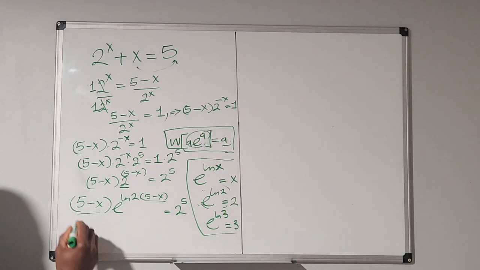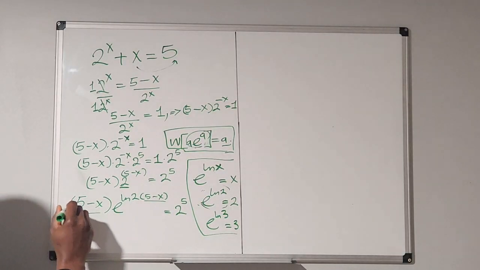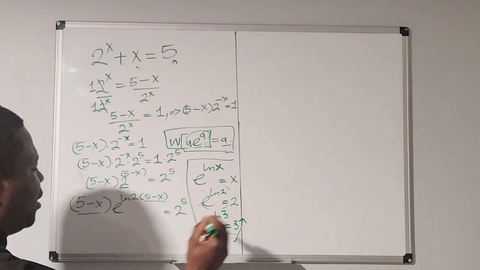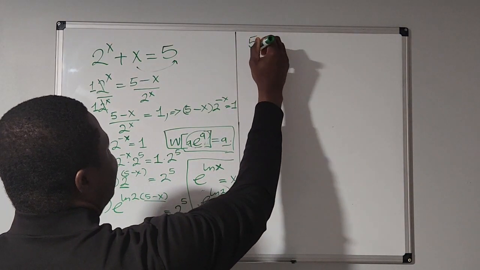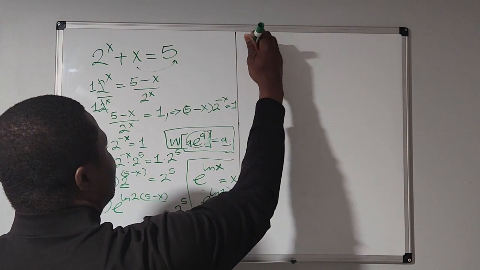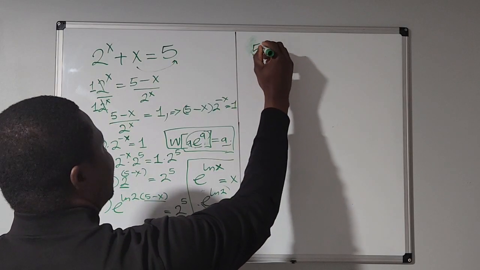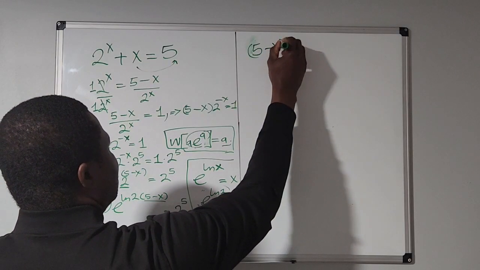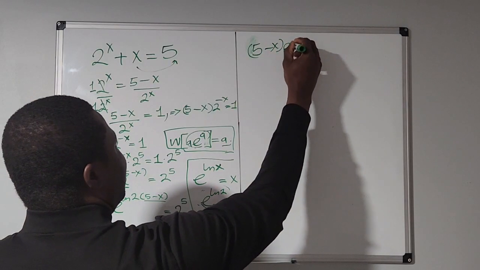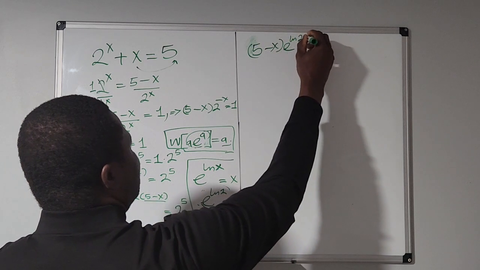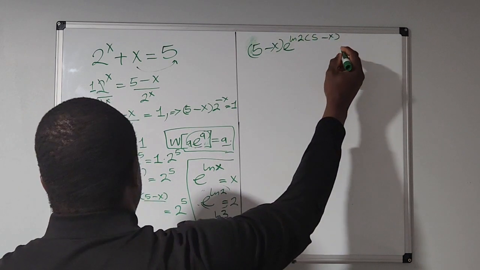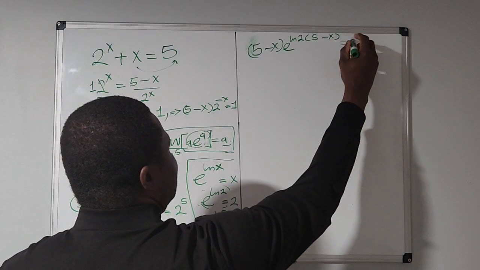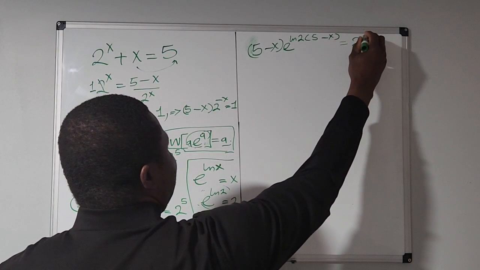So now we have 5 minus x, e raised to power ln of 2, 5 minus x equals 2 raised to power 5.